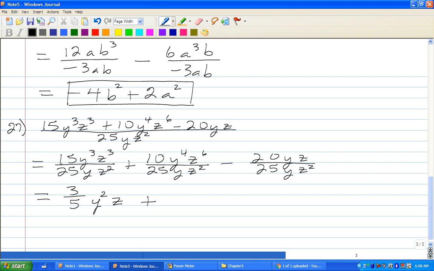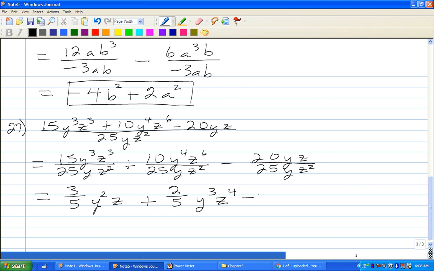I can divide both 10 and 25 by 5, and so I get 2/5. Y to the 4th divided by y is y to the 3rd. Z to the 6th divided by z to the 2nd is z to the 4.